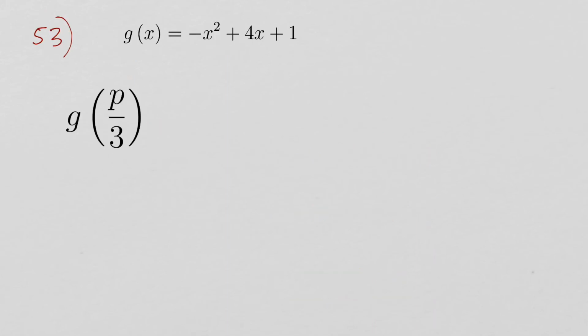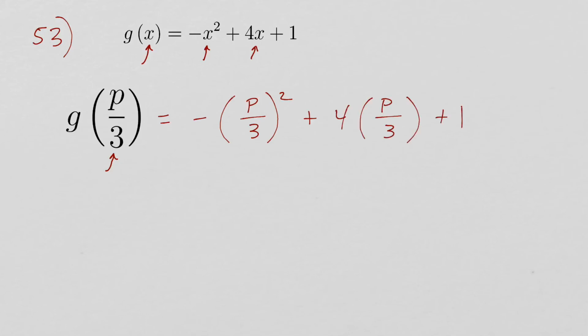Okay, now everywhere where we see an x, we're going to replace it with p over 3. So we replace that there and there. So this is going to be a negative (p over 3) squared plus 4 times p over 3 plus 1. Well, this is going to be a negative p squared over 9 plus 4/3 p, or 4p over 3, plus 1.